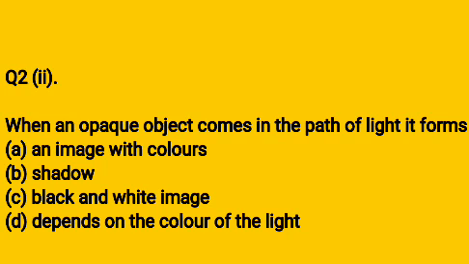So after writing question 2 part 2, when an opaque object comes in the path of light, it forms, you will write the right option and then the right answer.